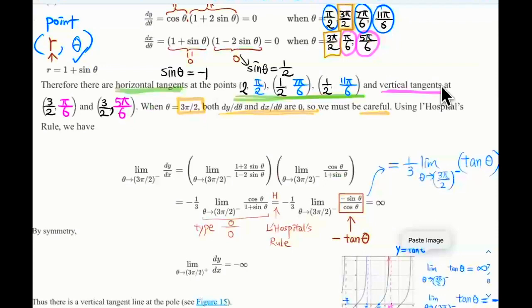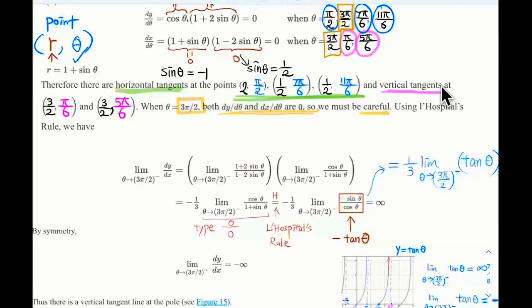Because what happens when theta approaches 3 pi over 2? What is sine of 3 pi over 2? Sine of 3 pi over 2 is -1. So you get 1 minus 2, which is -1 on top.